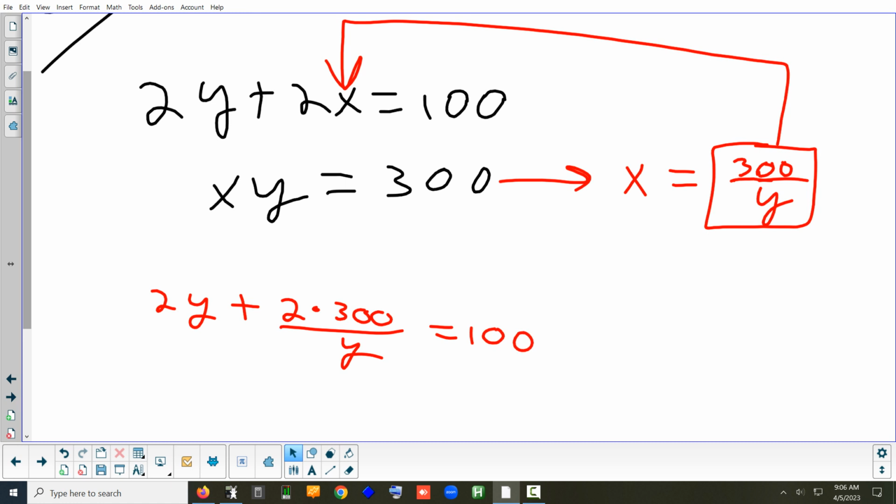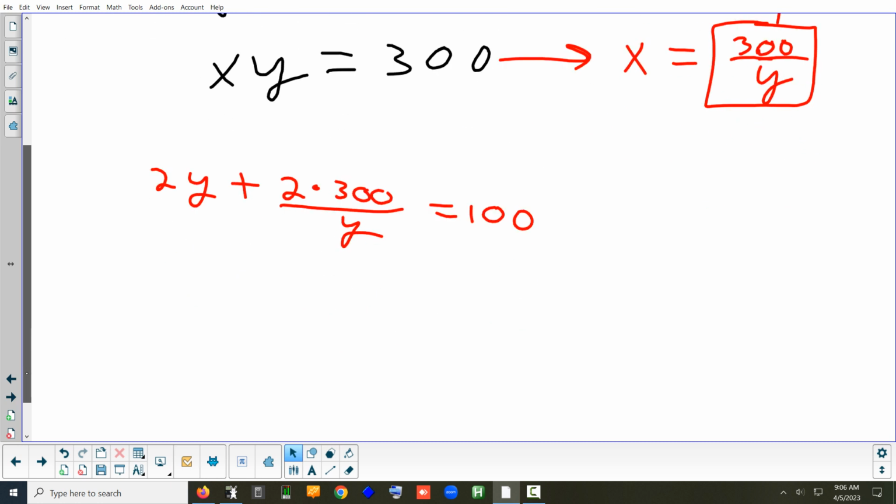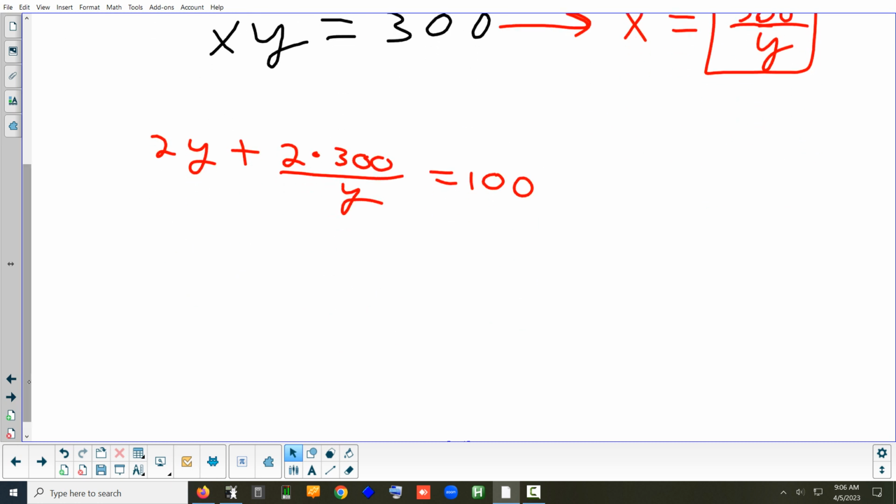So all I did was substitute 300 over y for x. All right, we can simplify that a little bit. So 2y plus 600 over y equals 100.